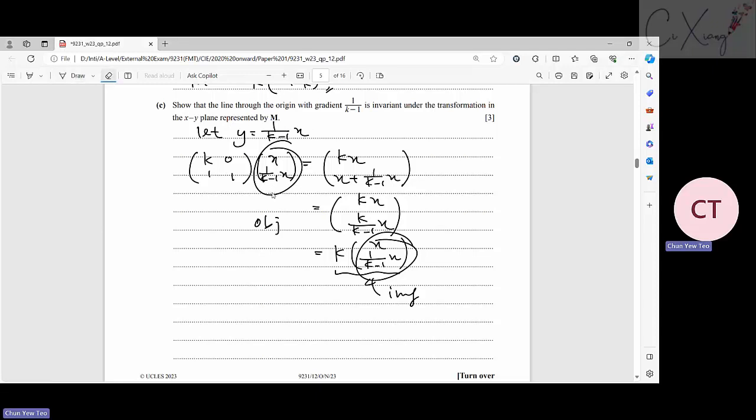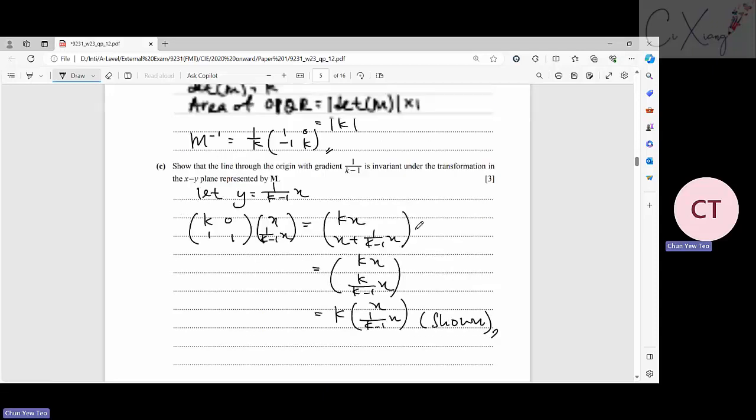So from here, it shows that the image is still on the same line, which means that y equals 1 over k minus 1 x is an invariant line. Okay, shown. Done. That is the answer for question number 3.